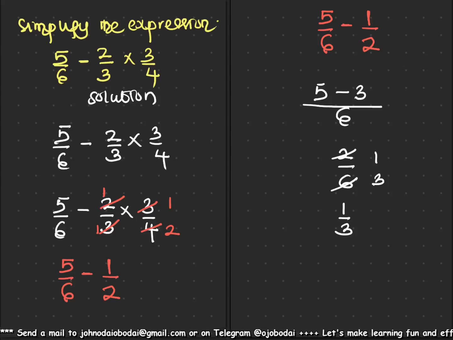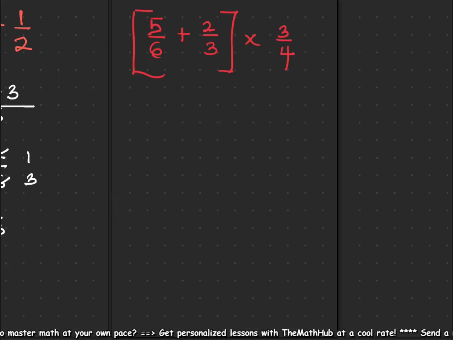Let's look at our very last question, after which we can solve some exercises. Our question here says 5 over 6 plus 2 over 3 in a bracket, then times 3 over 4. BODMAS says we have to solve for the bracket first.